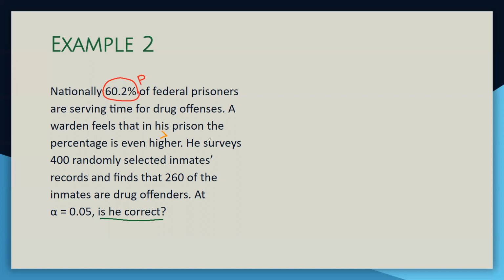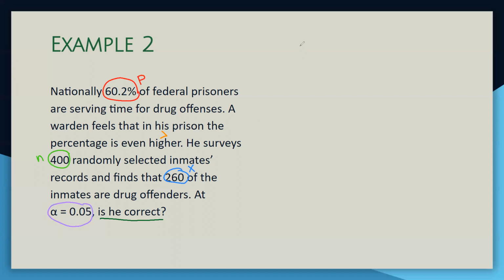Next, it says he surveys 400 randomly selected records. So that's our sample size. And finds that 260 are drug offenders. So that's our number of successes for this study. And then last, they give us our alpha, 0.05.